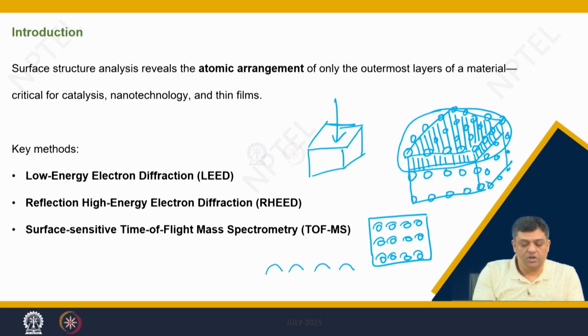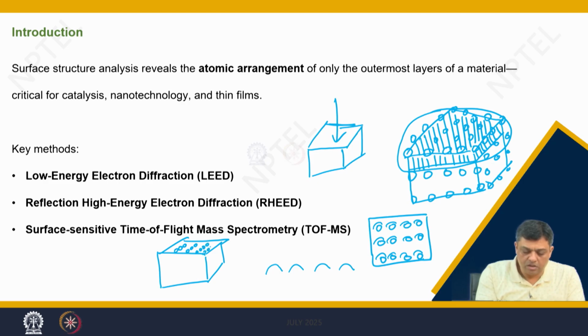What can you encounter? You can encounter cases where if I make a surface, then I may get arrangement of atoms, but you also see some agglomeration on these surfaces.